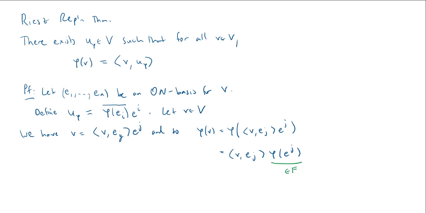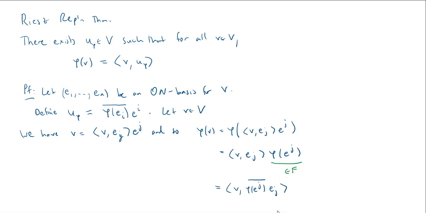So I can actually move it inside the inner product. I could put it into either the first or the second component. In this case, I'm going to put it into the second component so that I keep all the e_j's together. When I put it into the second component, I'm going to have to put a complex conjugate over it. So this will become the inner product of v with the conjugate of phi of e_j, times e_j.